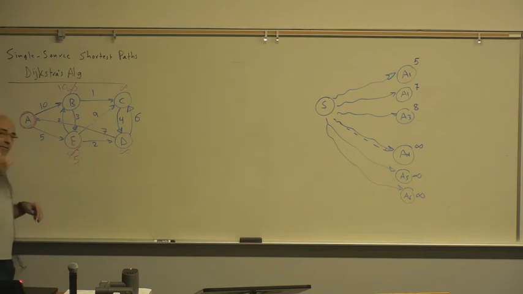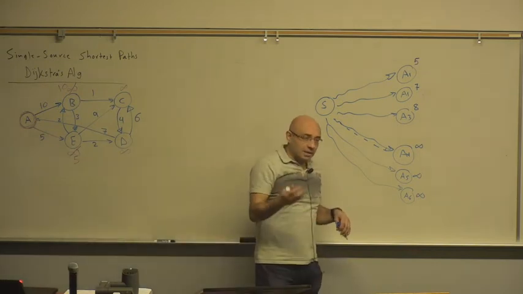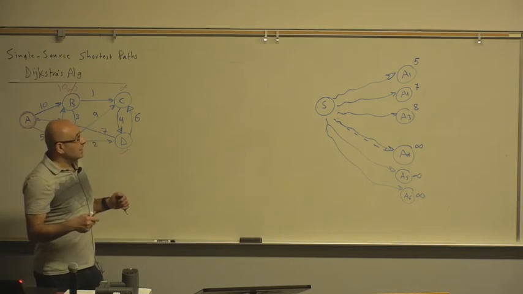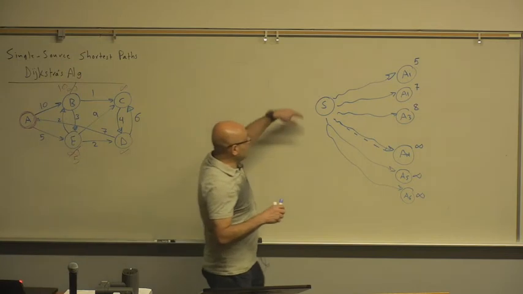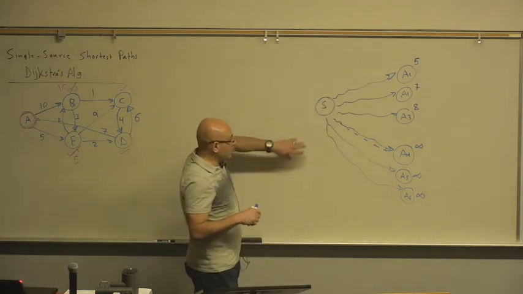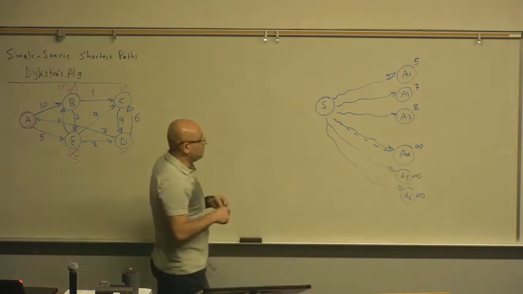Of course, at the end of the algorithm, every reachable vertex will have a finite distance. But in the middle of the algorithm, some of the vertices have not been reached yet, so they will have infinity.